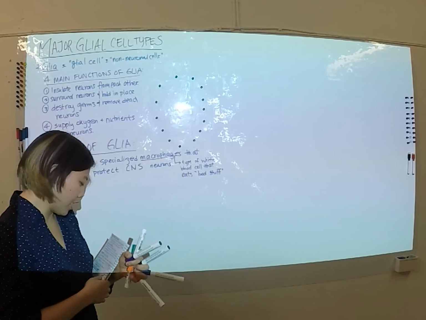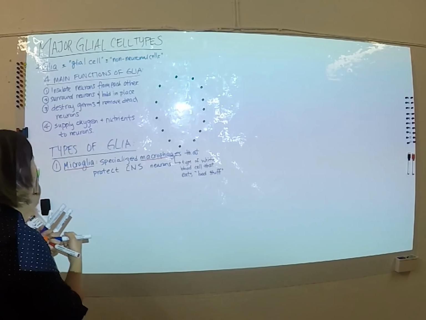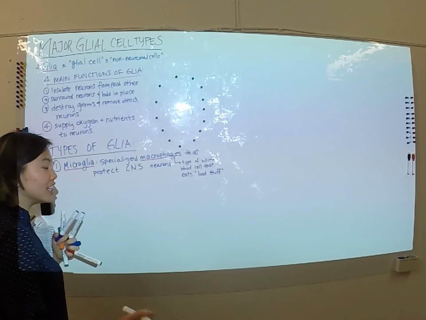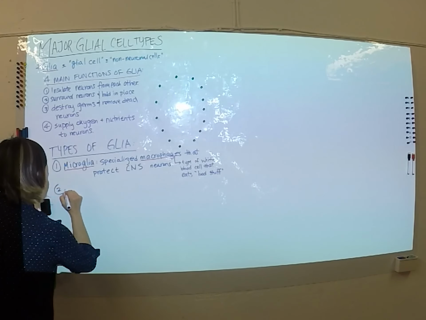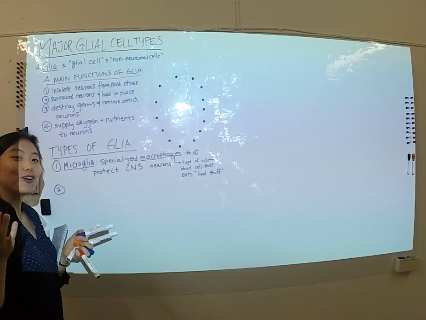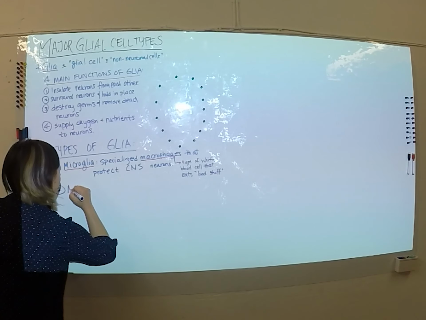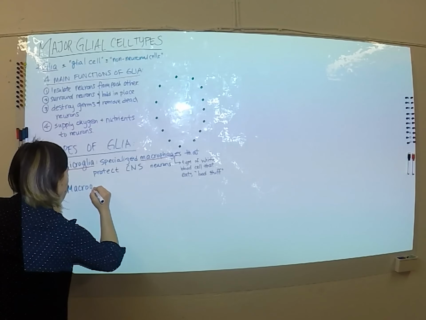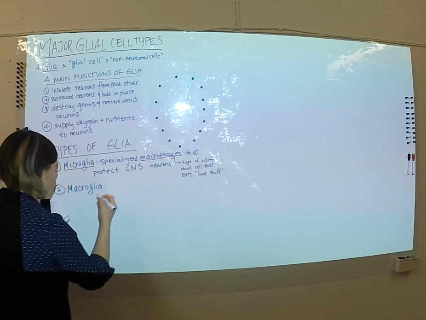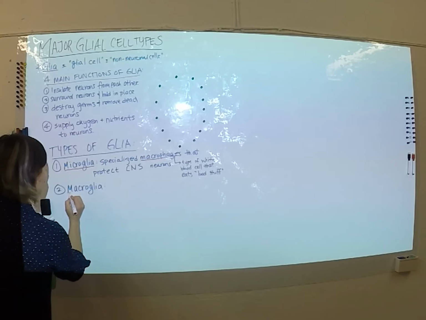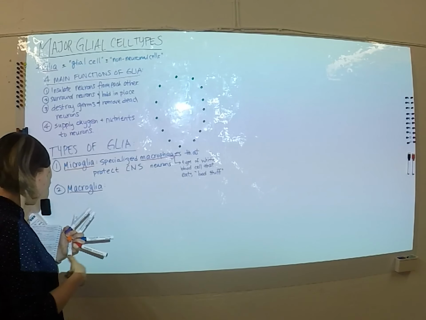Okay? All right. So the second major type of glia is called macroglia, the opposite of micro, so they're bigger. Macroglia. All right. Let's give it a good underline.